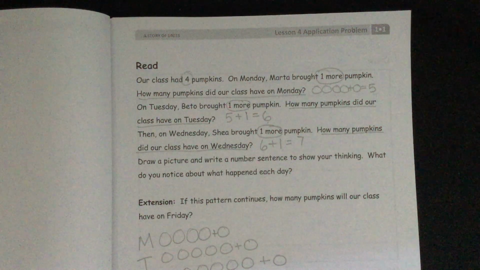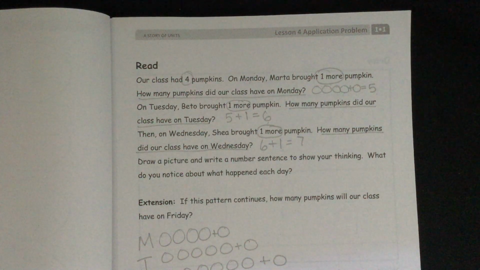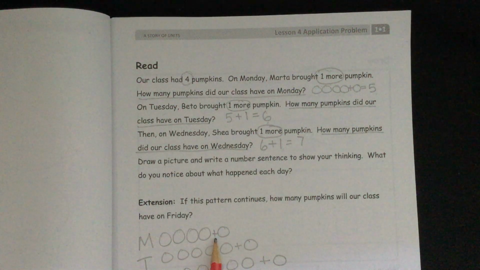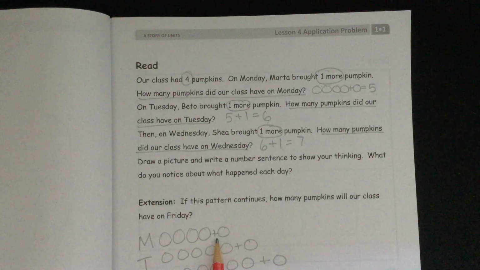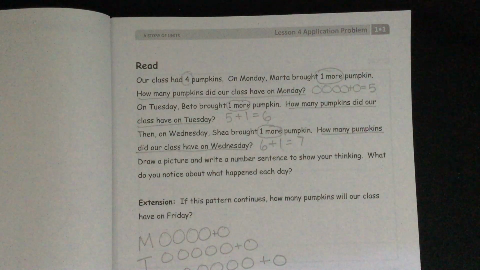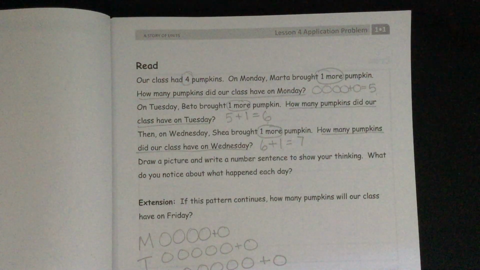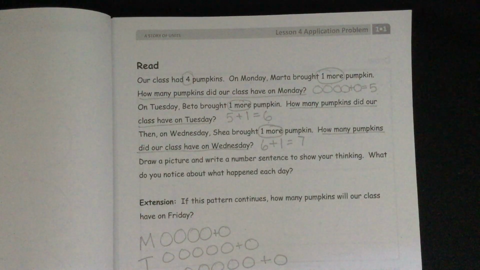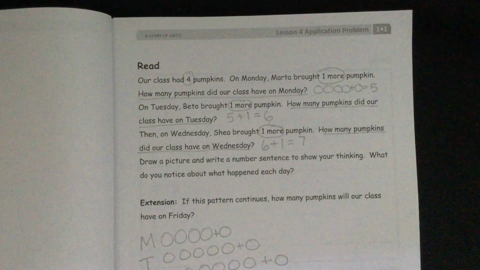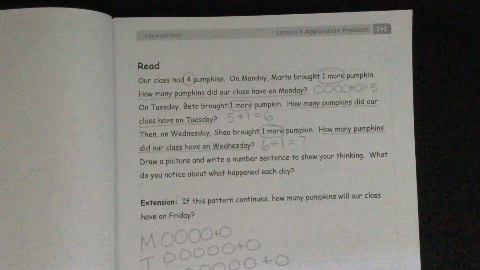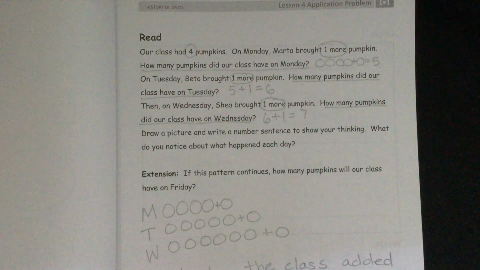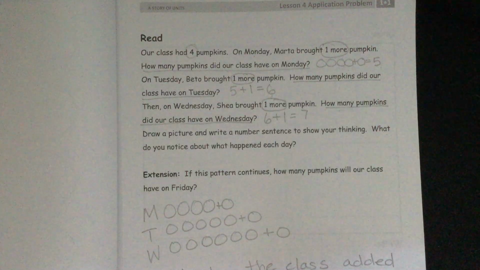And so, what did you notice about what happened on each day? What I noticed is that each day somebody brought in another pumpkin, just one. So we can say that each day the class added one more pumpkin.